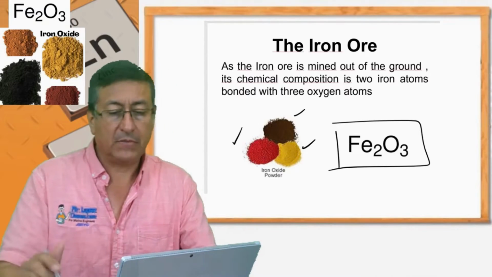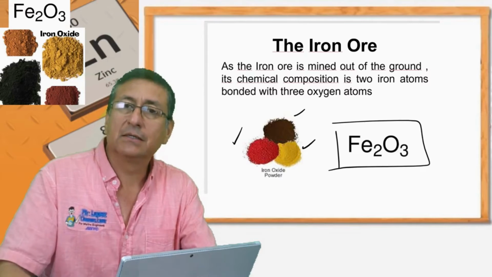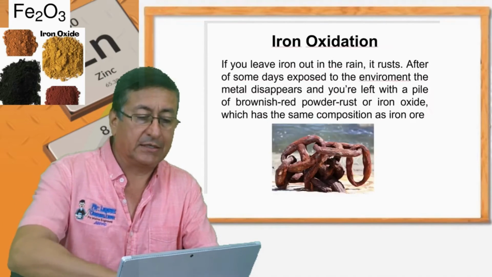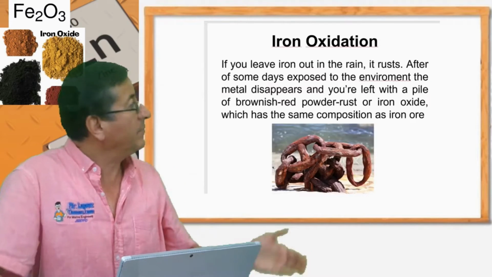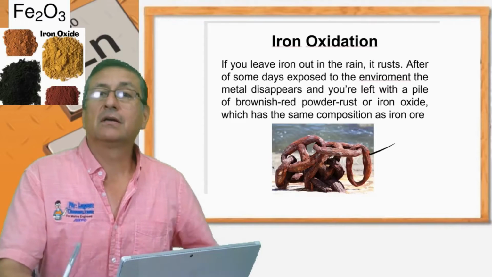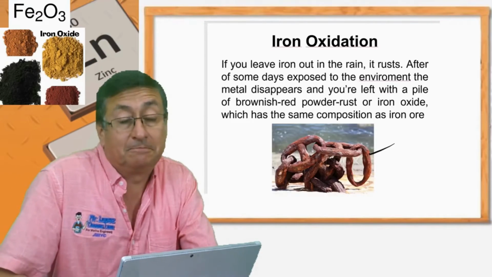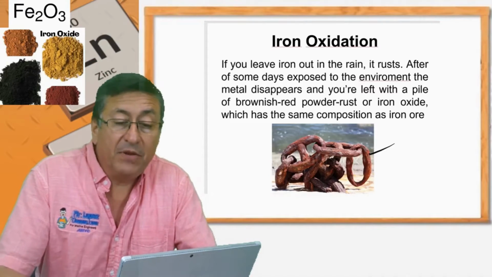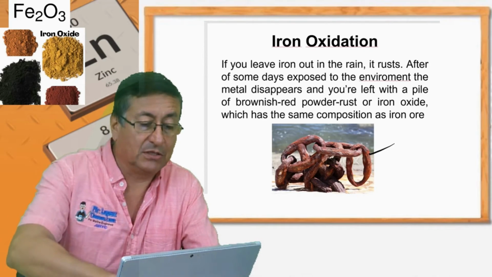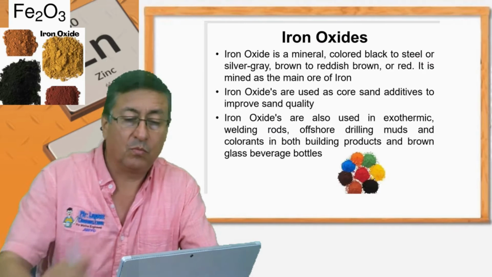It's brown, yellow, and red. Yes, this is the typical oxidation of the iron. In this particular case, it is brown when it is exposed to the environment for a long period of time. These are the typical colors, but there are more colors.